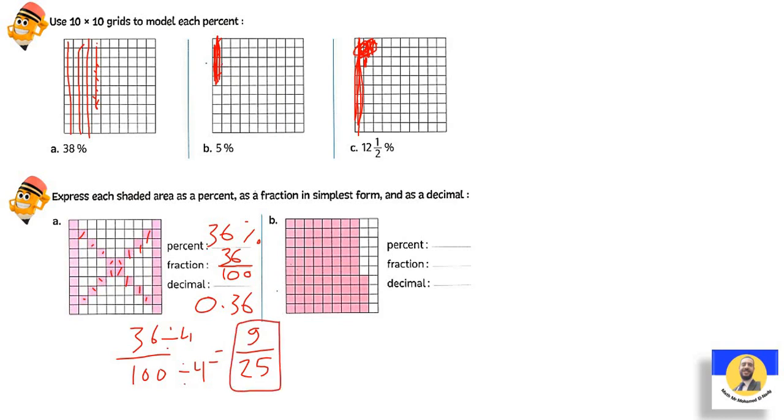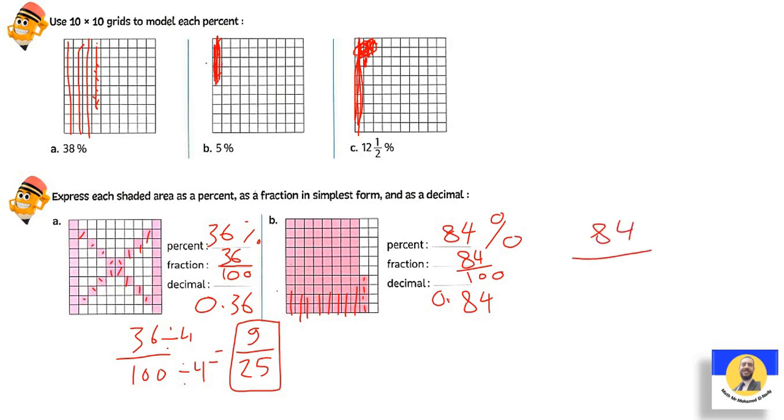Letter B, percent. How can we do it? Here if you count you have 10, 20, 30, 40, 50, 60, 70, 80, 81, 82, 83, 84. So you have here 84%, that in the fraction it will be 84 over 100 and the decimal it's 0.84. وما ننساش كمان ال 84 over 100 we can change into a simplest fraction, for example by making divided by 2 or divided by 4 also.